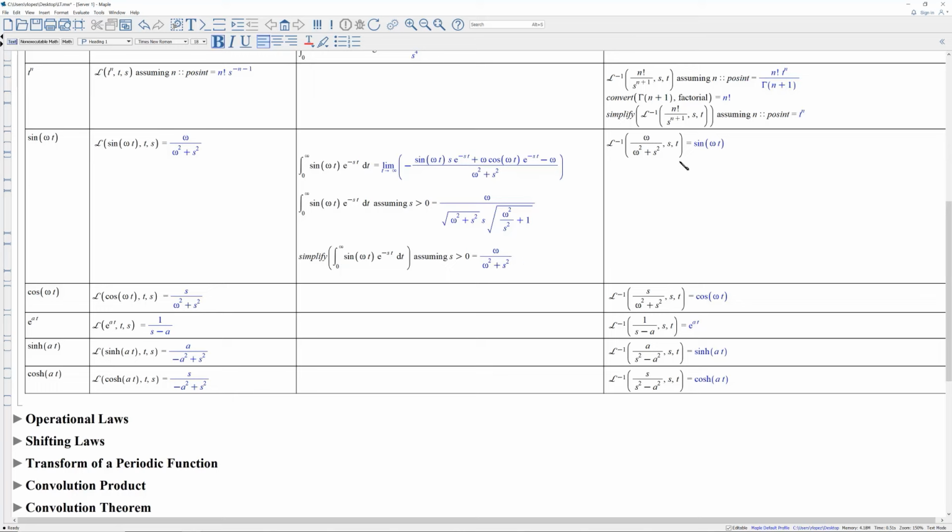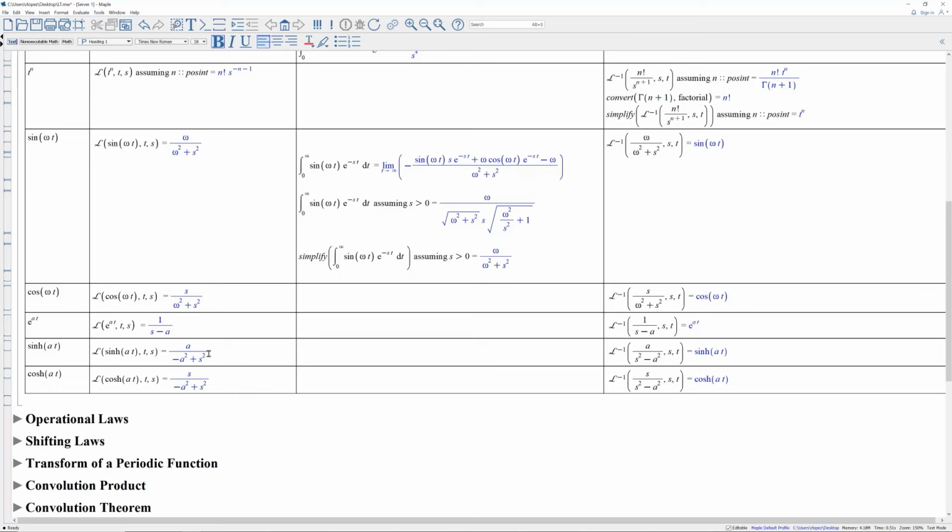If you're going backwards, directly sine omega t. Cosine behaves the same way, except that its transform is s over omega squared plus s squared. E to the at transforms to 1 over s minus a. Here is its inverse. Hyperbolic sine and hyperbolic cosine, which you could construct from the knowledge of what the transform of e to the at is.